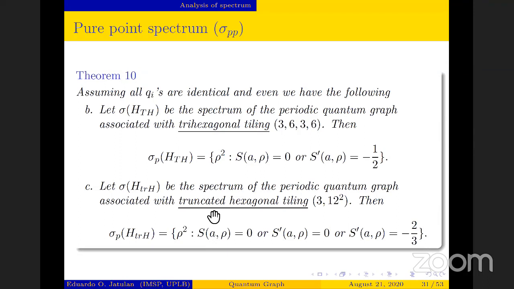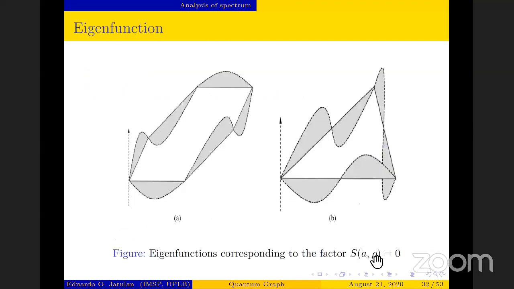As I mentioned a while ago, this corresponds to eigenfunctions with infinite multiplicities. For the case where our pure point spectrum is S of A equal to 0, for example, if we have the quantum graph with the hexagon, we move around and consider each edge. At each endpoint, we consider the Dirichlet conditions.